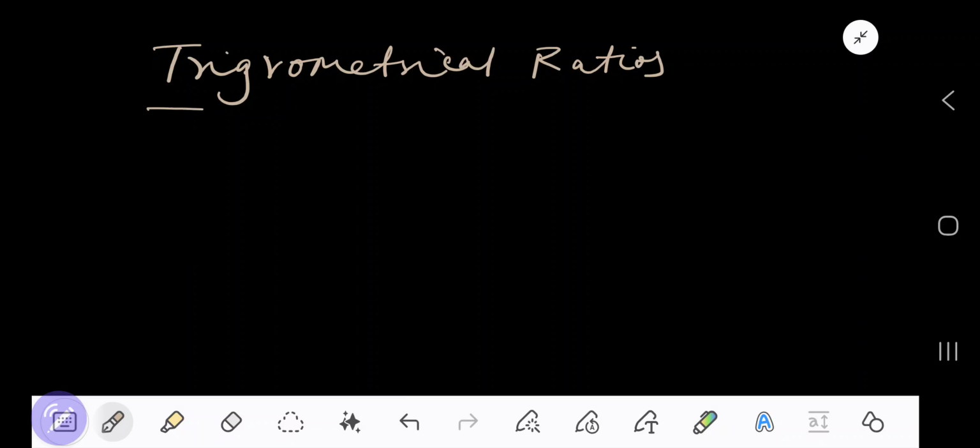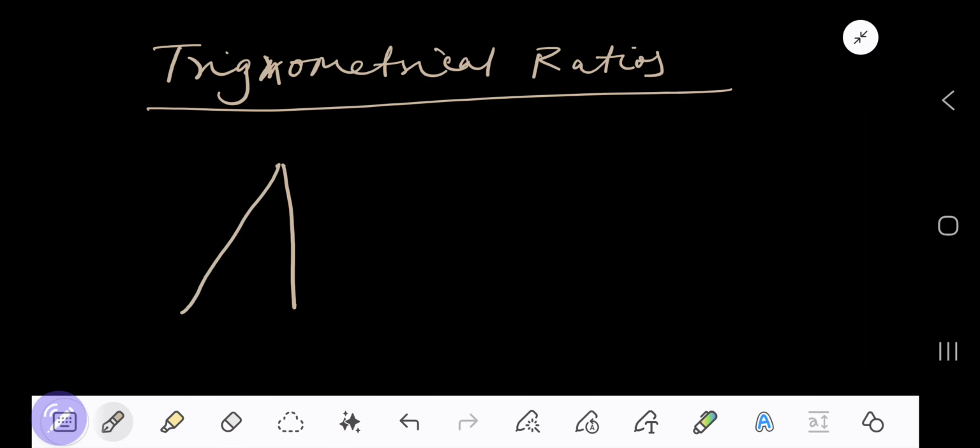Okay. So we're going to be talking about trigonometrical ratios. So what are trigonometrical ratios? Suppose you have a right angle triangle. The ratio between the lengths of a pair of two sides of a right angle triangle.